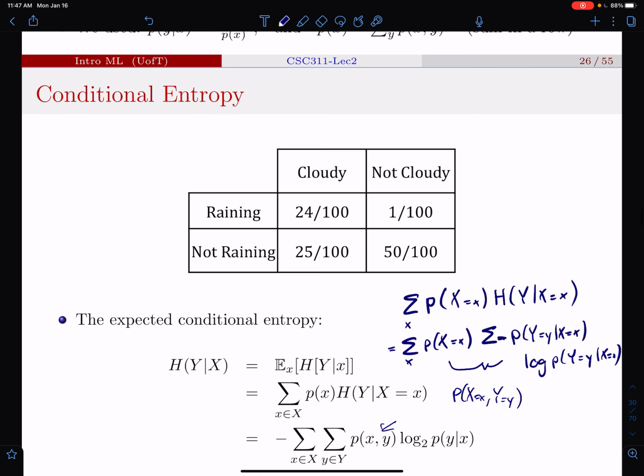There's the general conditional entropy, which is saying given knowledge of the random variable, like we don't know if it's cloudy or not cloudy, but if we know whether it's cloudy or not cloudy, then what's the entropy? Or you can say given a specific instantiation, like given that it is cloudy, what's the entropy? You can refer to both as the conditional entropy. They're just slightly different use cases.